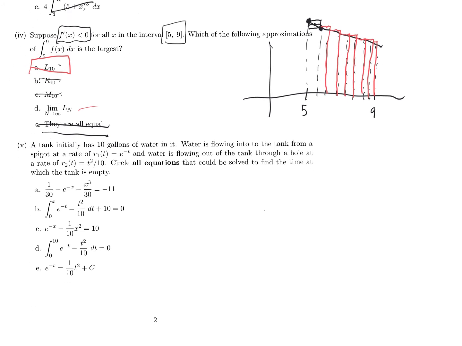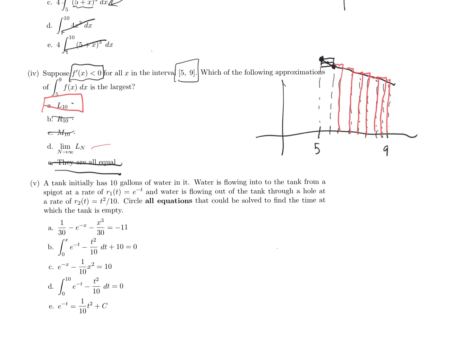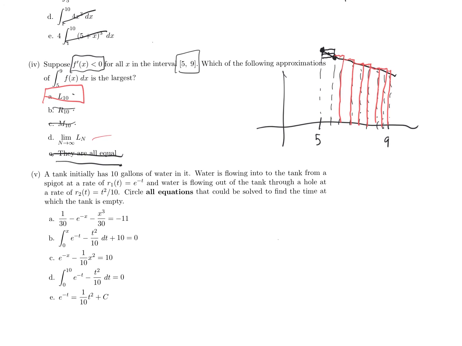Okay, so we're going to move on to part 5, and I believe this finishes up question 1. Oh no, there's also a part 6. For this problem, we're looking at a tank of water.